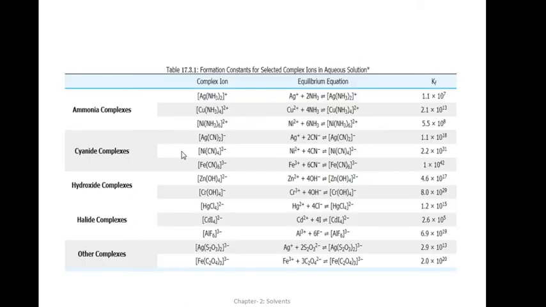So see here, we have various complexes. Here, hydroxides are there, fluorides are there. In most of the complexes you do not have aqua as ligands. And then you have the stepwise formation constants for various reactions.